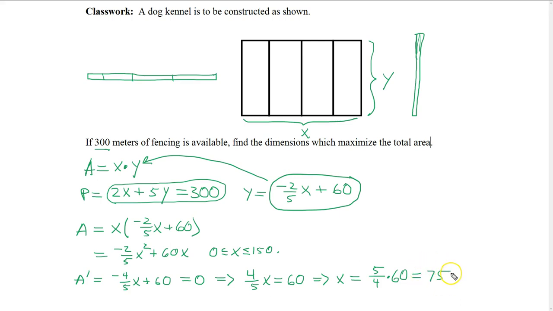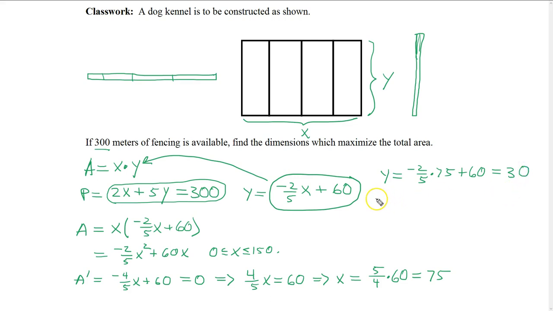So this is what x should be chosen to be in order to maximize the area A. Then to find what y is, you just have to substitute 75 in here for x, and you'll get y. So then y will be negative 2/5 times 75 plus 60, and so that comes out to be 30.